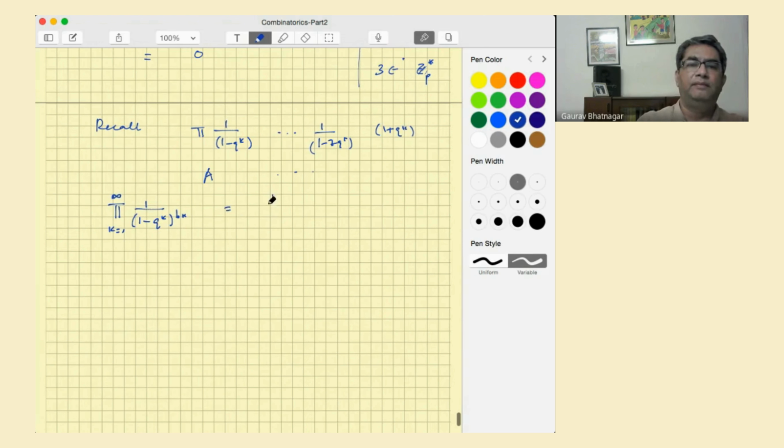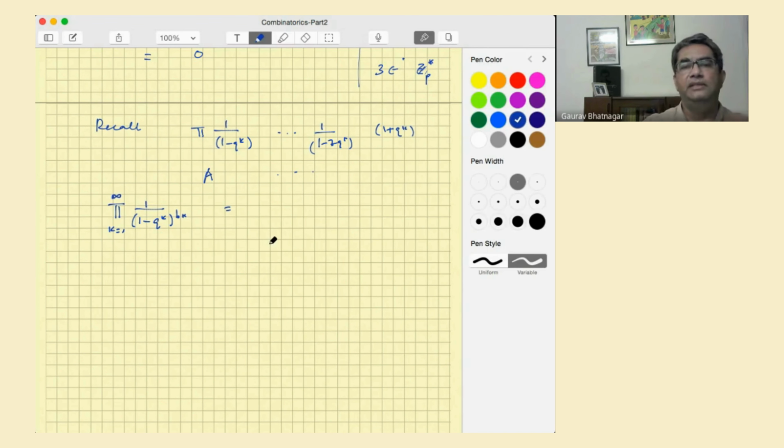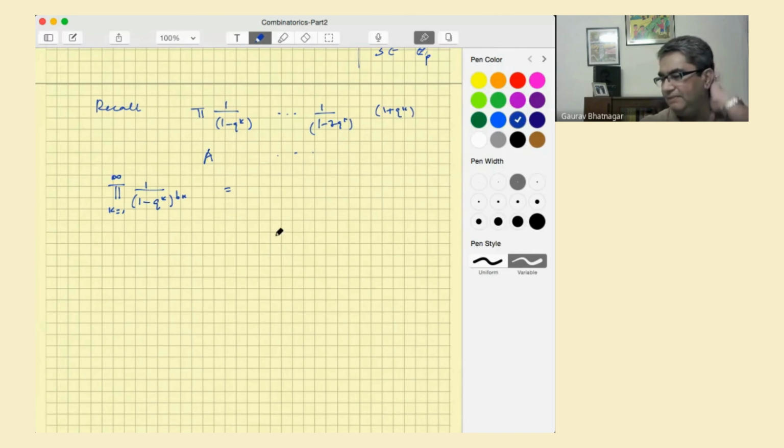So this is q infinity raised to the power bk. No, this is not q infinity raised to bk. Each term is raised to the power of some sequence. And what I will need is basically bk to be equal to k.